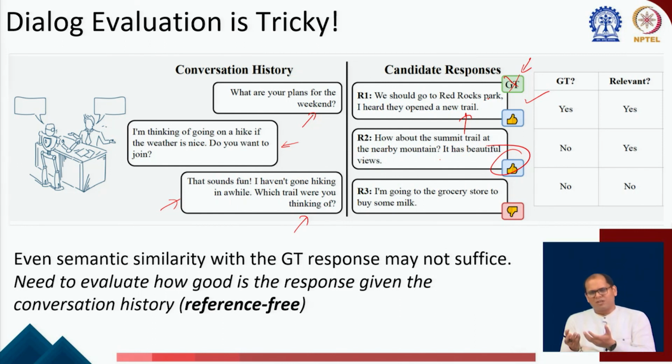That has been one of the other popular threads, that you can pre-train such models, and now once you pre-train the models, given the context, it can give a score to a new response that you have generated without looking at the reference. Given the context, what is the score for this response? If it is high, you can say it's a valid response. If it is low, it's not a valid response, right.